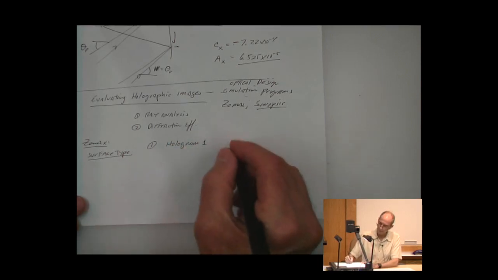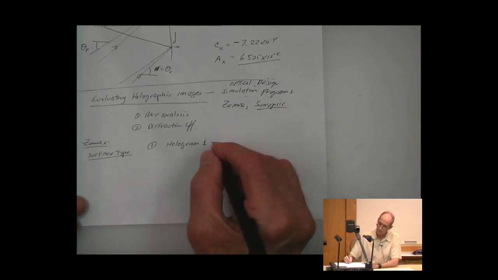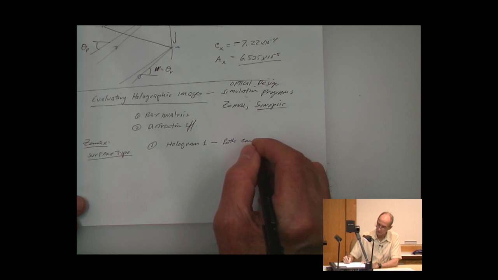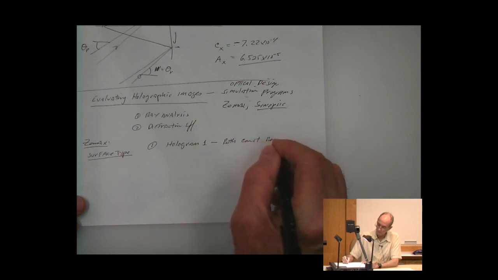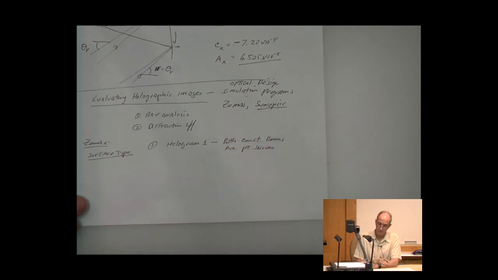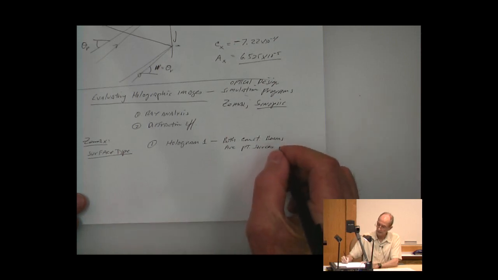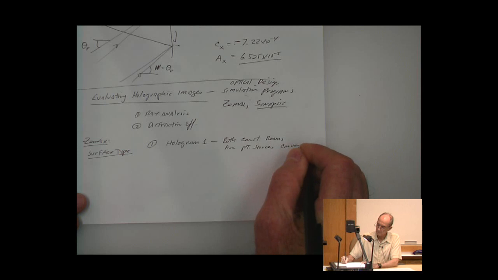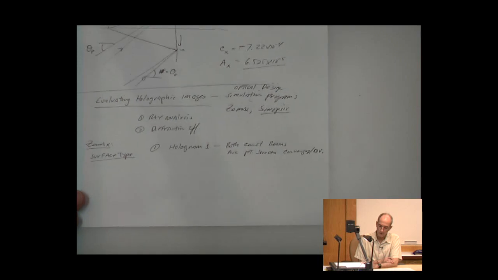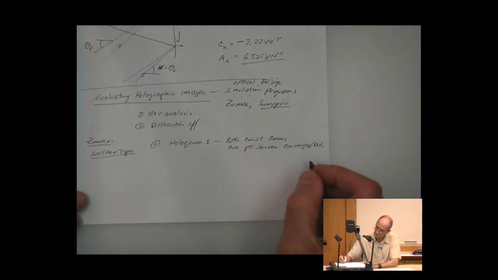Hologram 1 has both construction beams as point sources, and they are either converging or diverging. The important thing here is that both are converging or both are diverging.